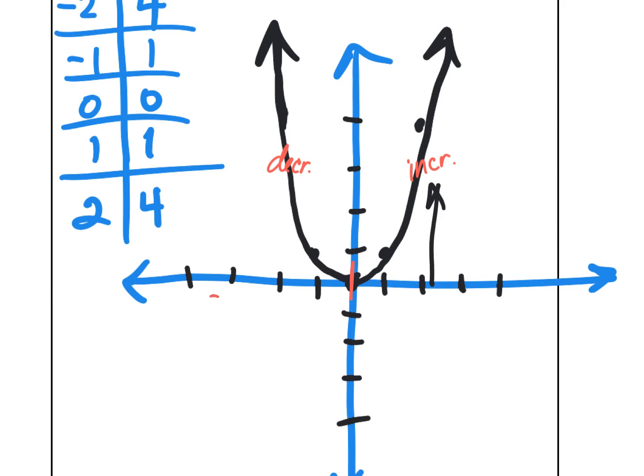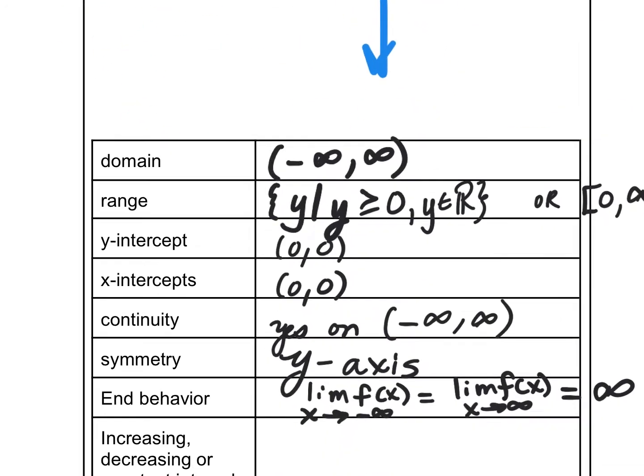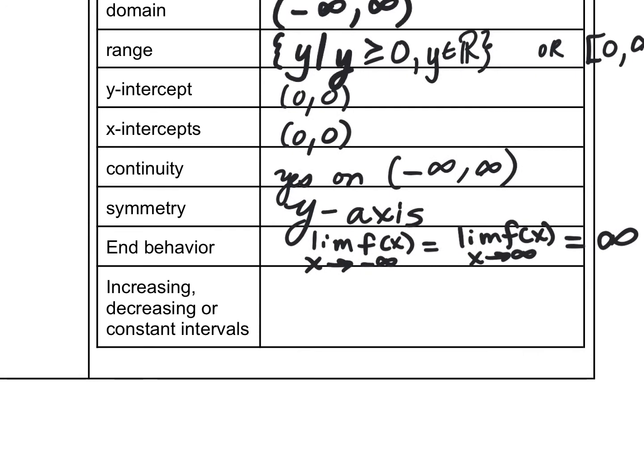So from negative infinity all the way to 0, and then from 0 to infinity. Okay? So decreasing, negative infinity to 0, increasing 0 to infinity. Okay?